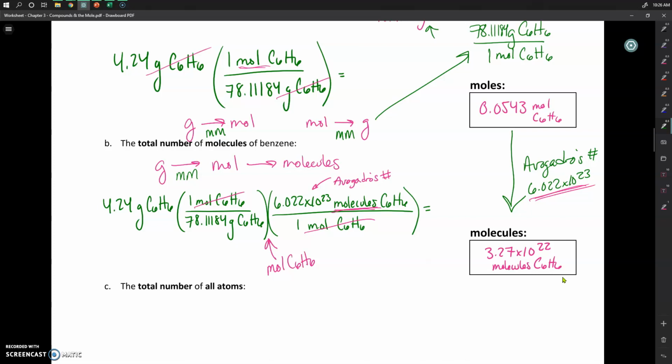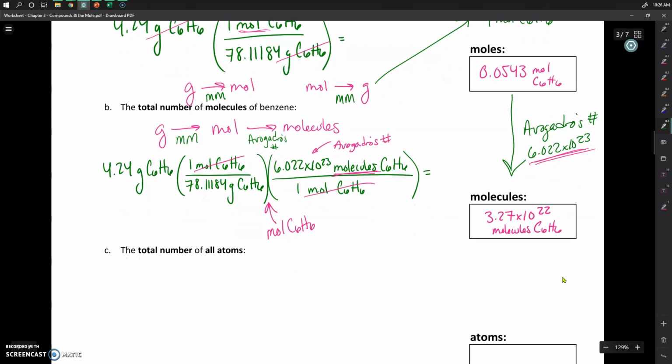Moles to molecules involves Avogadro's number as a conversion factor. Okay, and note again that going from moles directly to molecules, if you'd already calculated the number of moles, all we're doing here is basically multiplying by Avogadro's number to get from moles to molecules. So that is something you could have done to calculate part B.